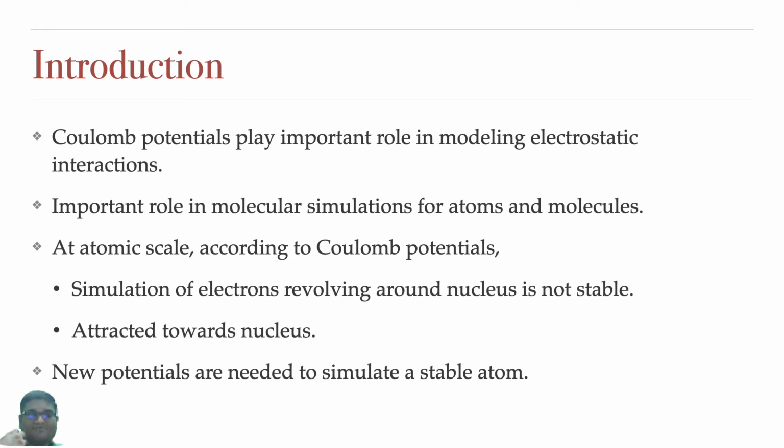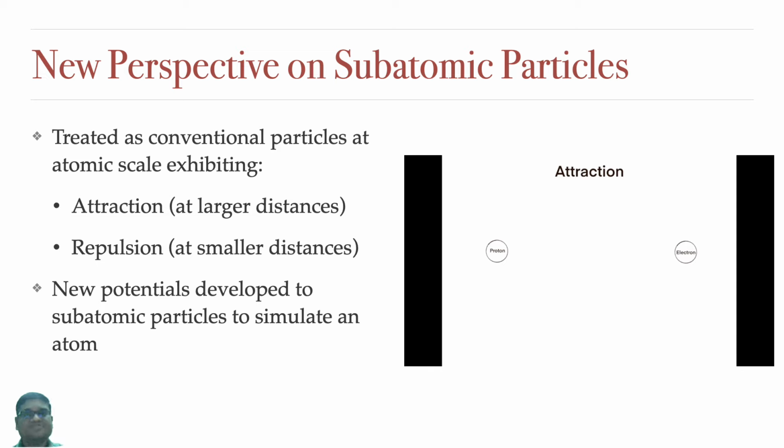So to run a stable atom simulation, a new perspective, or new potentials, are needed for subatomic particles in order to have an electronic distribution around the nucleus, within the atomic scale, I mean within the atom. So in this study we'll have a new perspective on subatomic particles, where subatomic particles like protons, electrons, and neutrons are treated as conventional particles like atoms or molecules, having both attraction and repulsion.